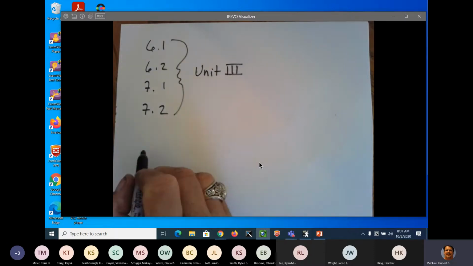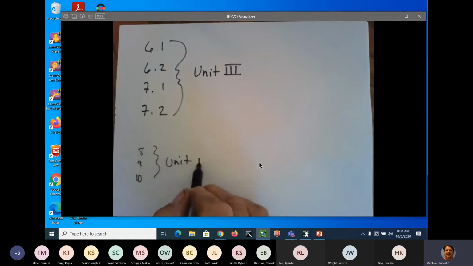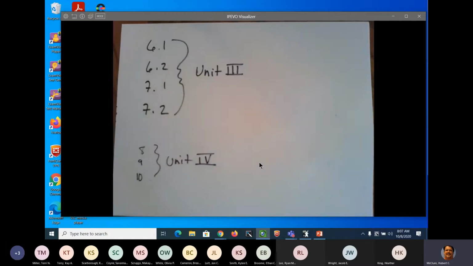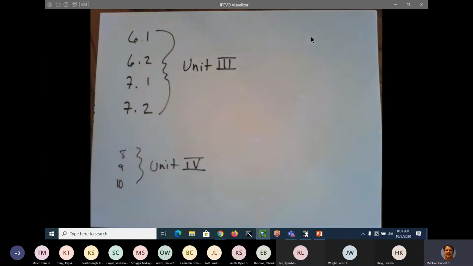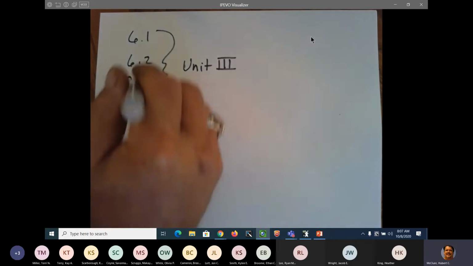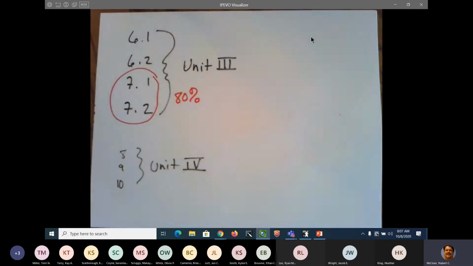Unit 4 is going to cover 8. There's only 1 or 2 sections, 9 and 10. That's Unit 4. Okay, so I'm just going to go ahead and tell you right now, out of the material for Unit 3, 80% is going to come from 7.1 and 7.2.